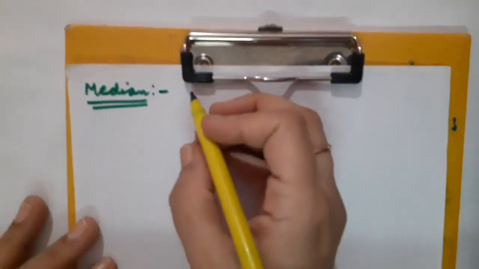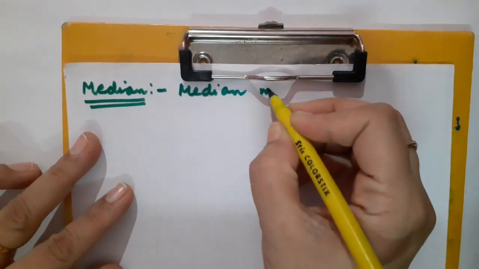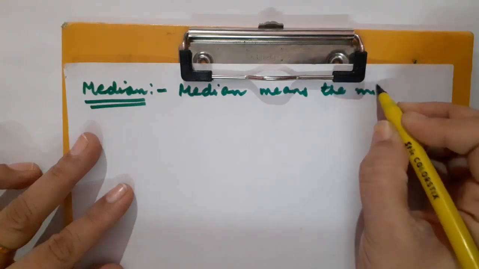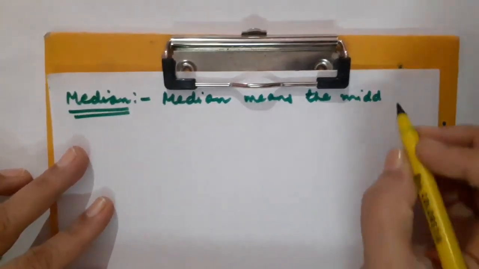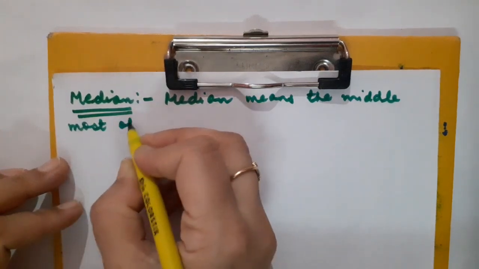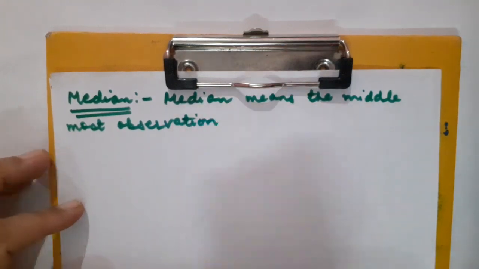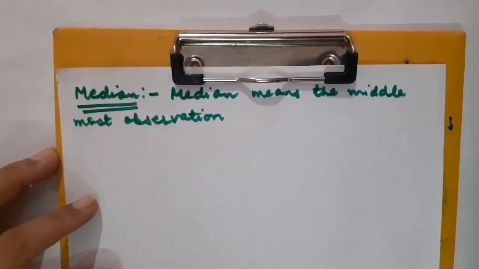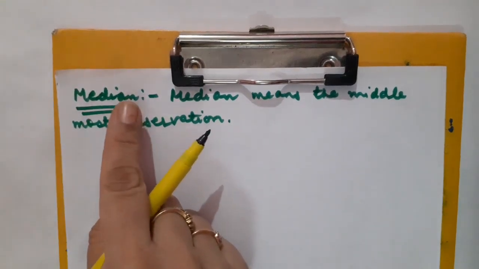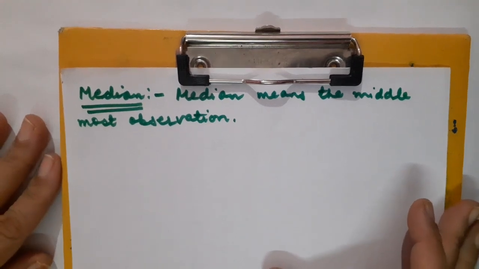So median means the middlemost observation, or the central observation. Fine. But it is mandatory that whenever you are going to calculate median, the data must be written either in ascending order or in descending order.